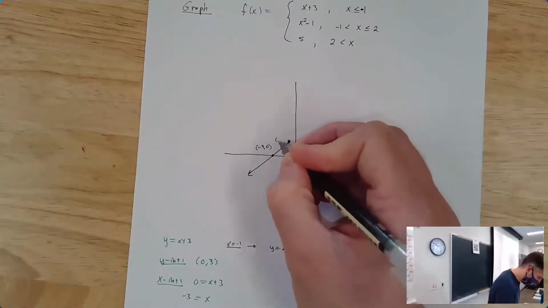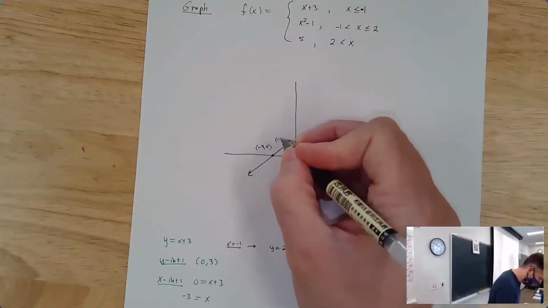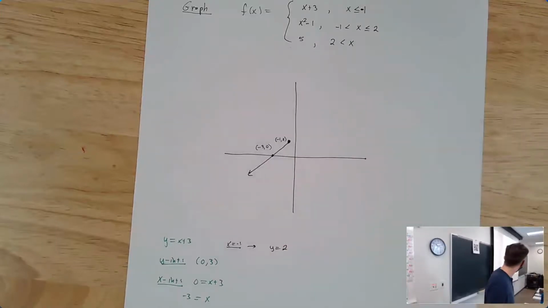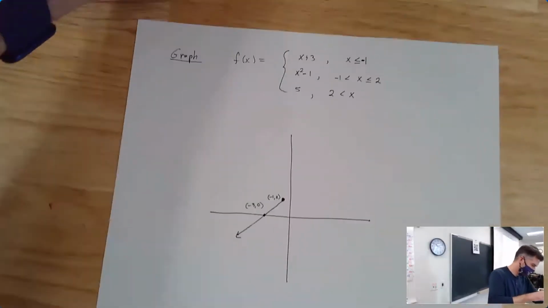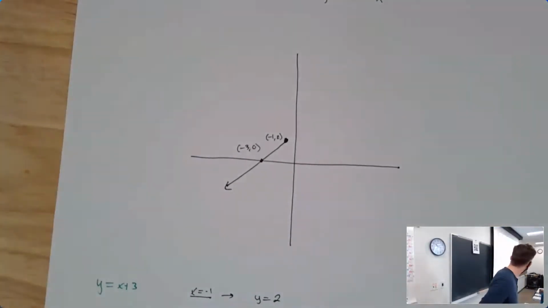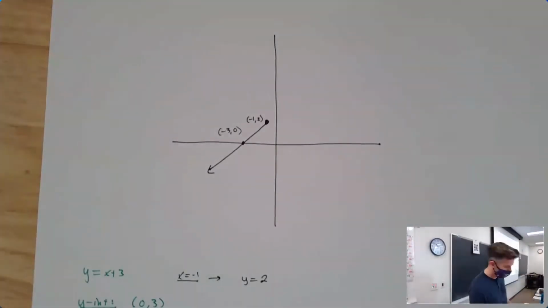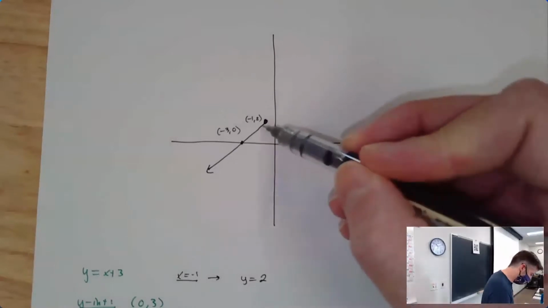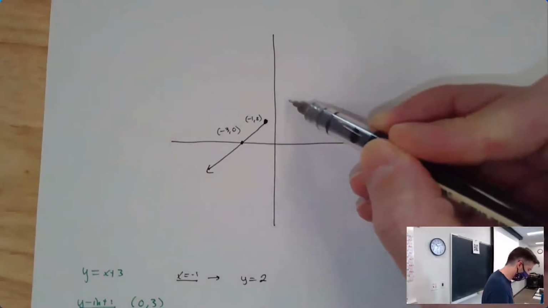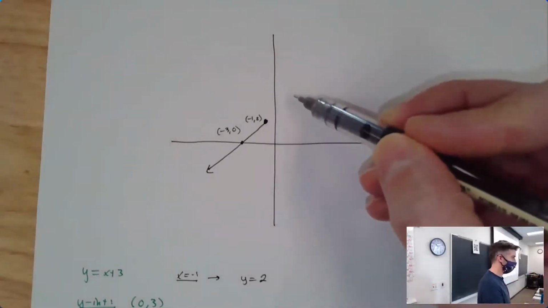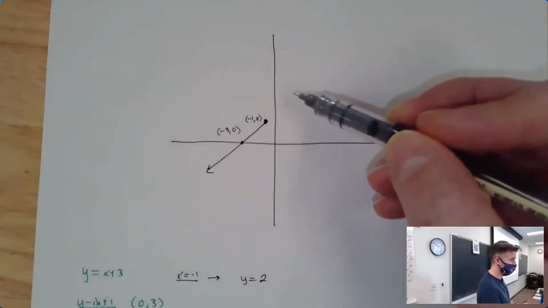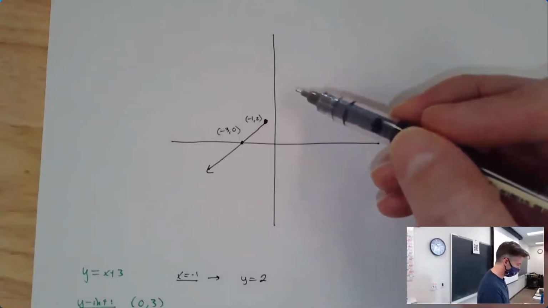Here's my endpoint, (-1, 2). That's a 2, believe it or not. And you can see if we kept going with this graph to the right, it would hit its y-intercept of (0, 3). We're not going to continue it, but it would continue in the right way.